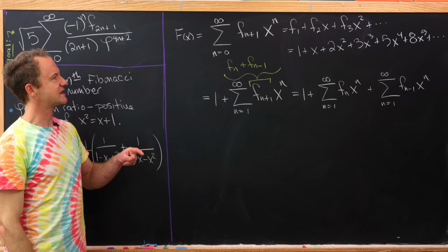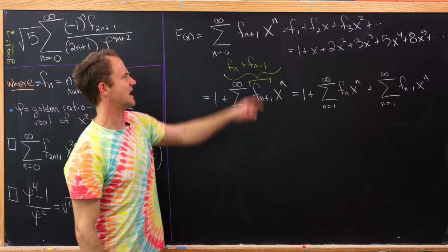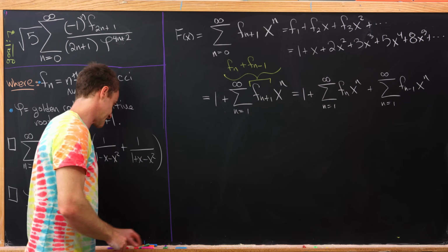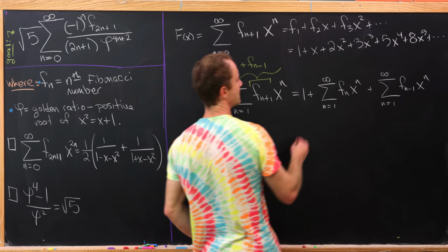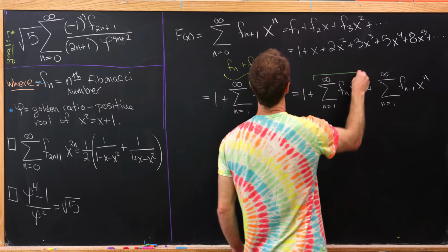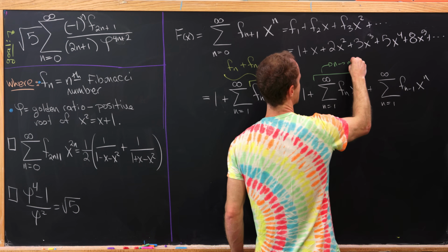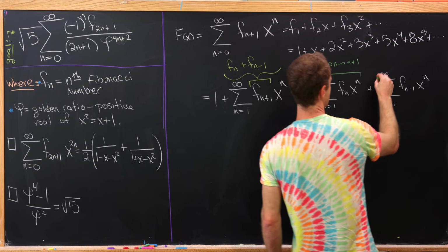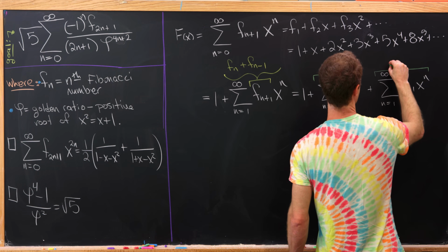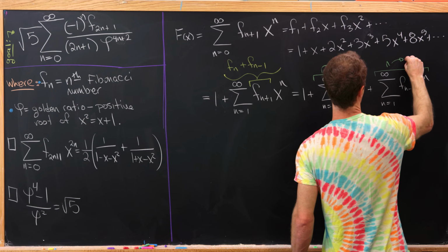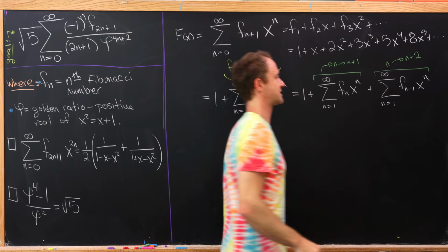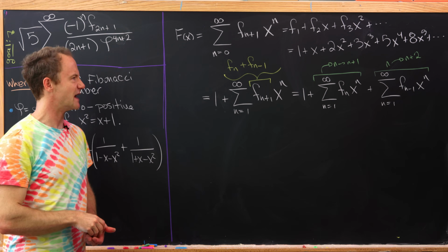But now I'd really like to re-index this so it looks like my original series up there. So how can I do that? Well, in this first bit, I can take all of the n's and replace them with n plus 1. And then in this second bit, I can take all of the n's and replace them with n plus 2. That'll make everything work out.